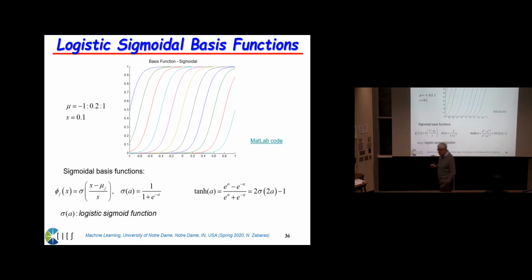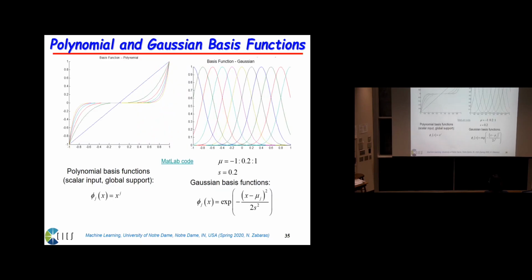Now, there's only one guidance I'm going to give you about basis functions. The basis functions that you use when you do regression problems have to be of what I call local support. That's the buzzword. So can you tell me what basis functions of local support means? When I say the word local support, what does that mean?